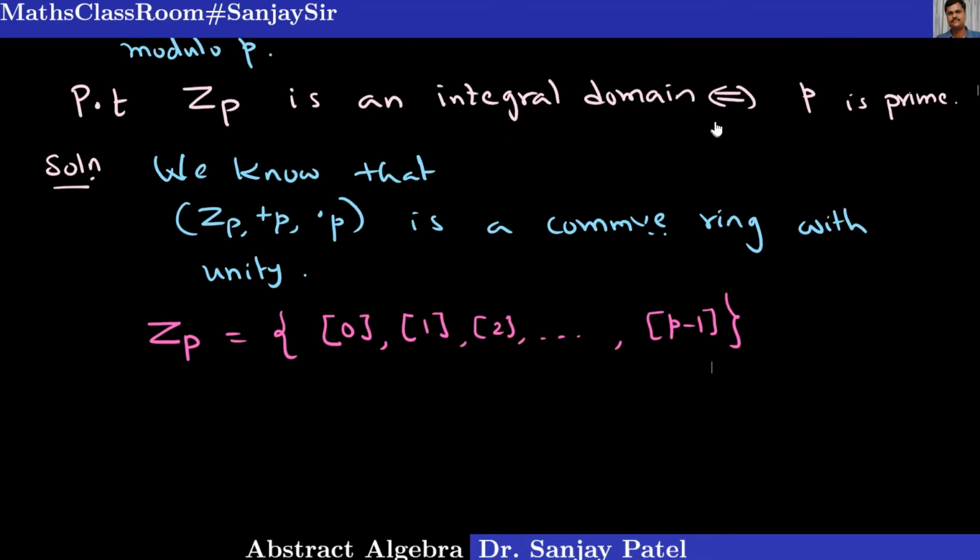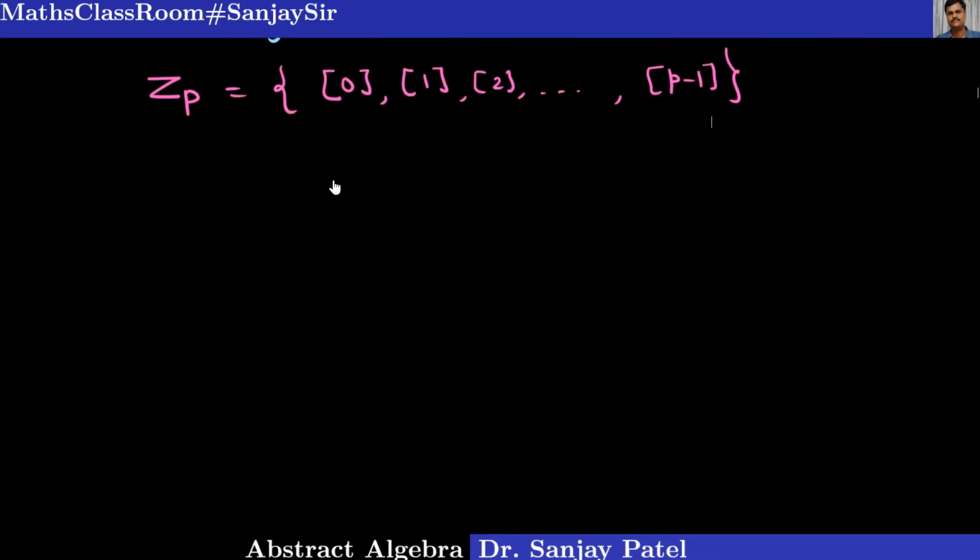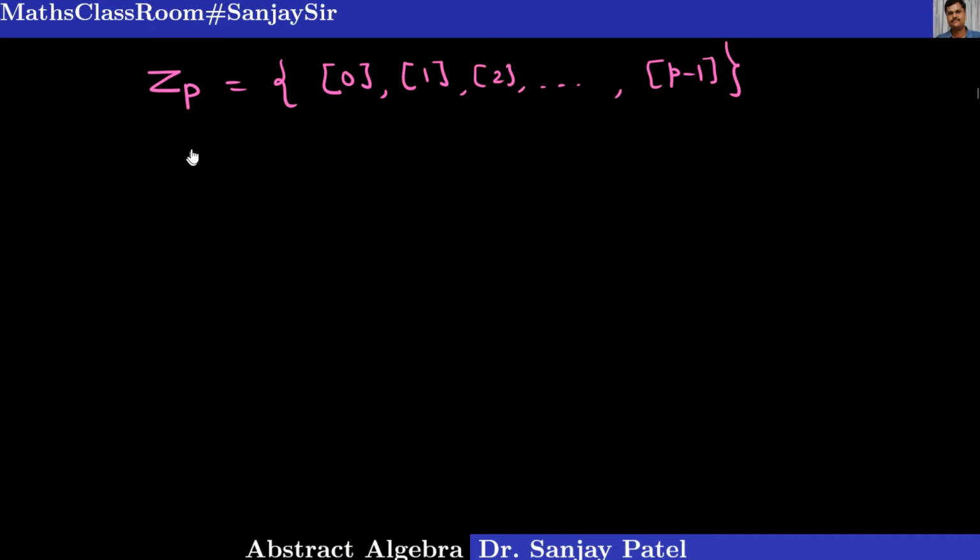Now I'm interested in establishing this result that this Z_p becomes an integral domain if and only if the number p is a prime number. So there are two parts here. In the first part, we are given that Z_p is an integral domain.